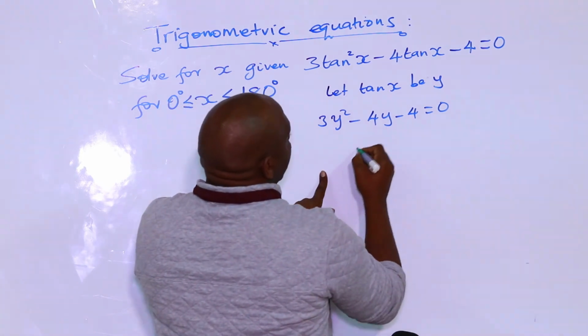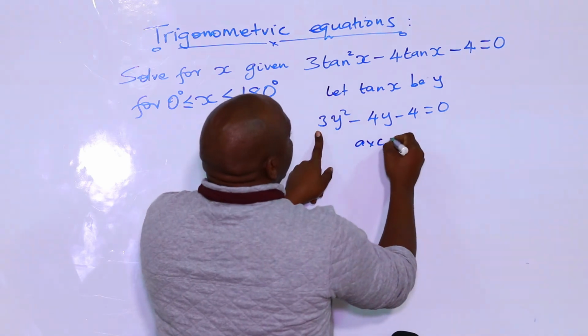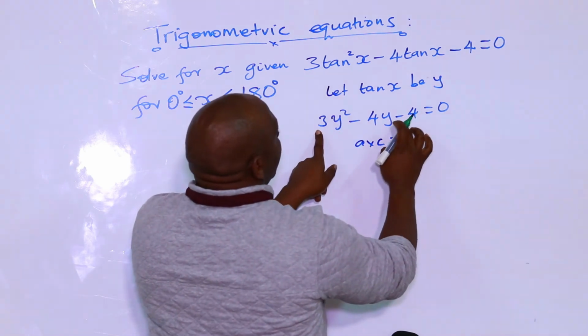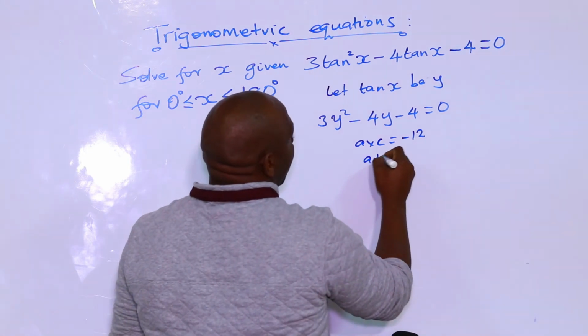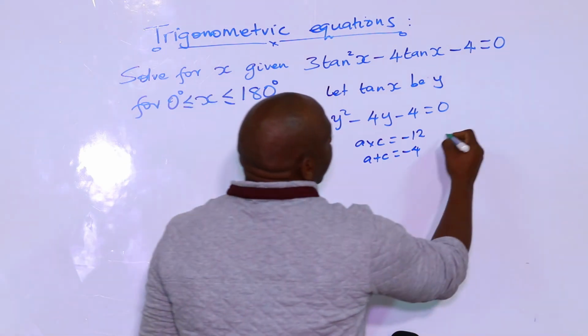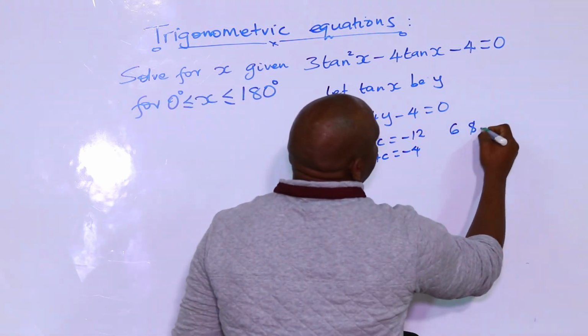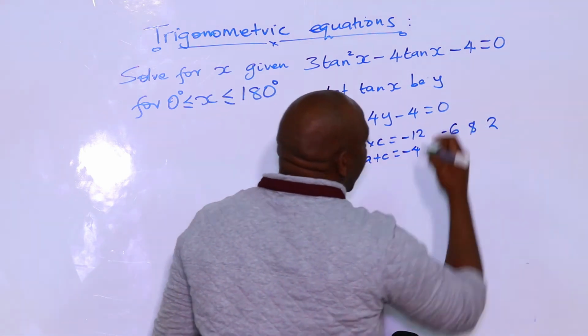If you take a times c, you get 3 times negative 4, that is negative 12. And if you add the two values, you should get negative 4. And those values are 6 and 2, where the 6 is negative.